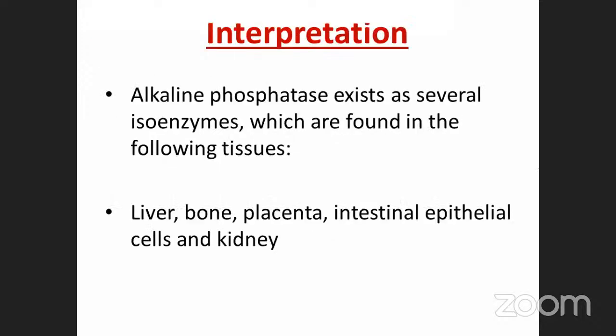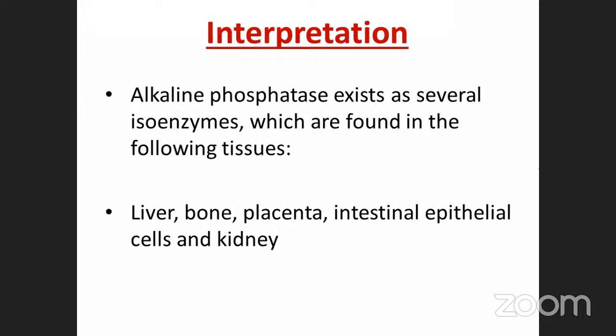Interpretation. Alkaline phosphatase exists as several isoenzymes which are found in the following tissues. You know what is meant by isoenzyme? This part is not completed, I think. Different forms of enzymes catalyze the same reaction. This is the definition of isoenzymes.